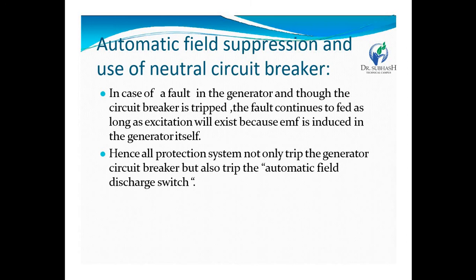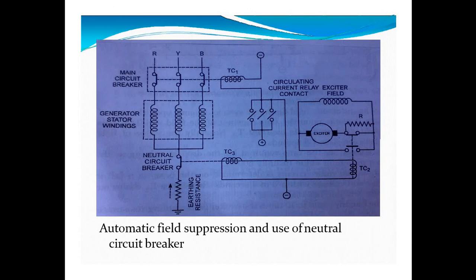That is because our exciter is running and excitation is produced in the generator. So EMF is there. Hence, all protection systems not only trip the generator circuit breaker but also trip the automatic field discharge switch.